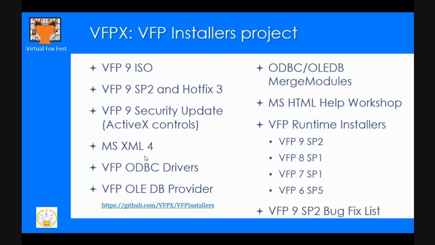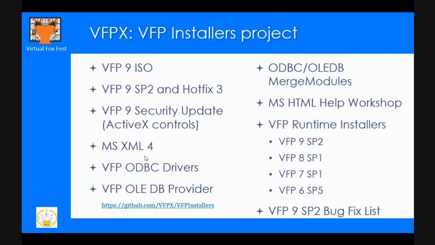There's also the Service Pack 2 and Hotfix 3, which is to bring your VFP version up to date. You have the VFP9 security update, which is the ActiveX controls that ship with Visual FoxPro 9. We're talking things like the tree view and the list view and stuff like that. There's also MSXML4, which is required for cursor to XML, the XML update class, and so on.